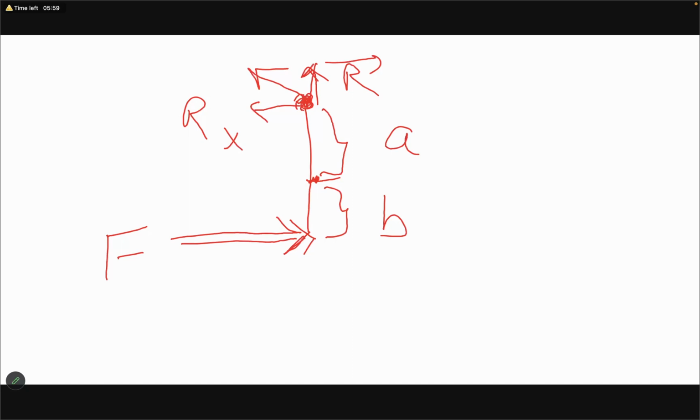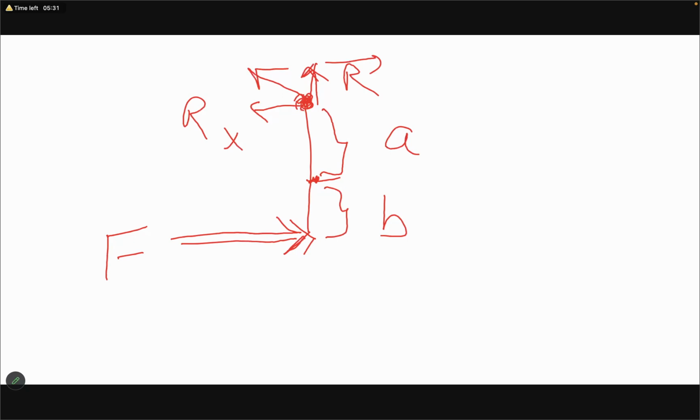Can we relate, Vasudev, K, the radius of gyration, with a and b? And this formula is going to go a long way in serving the case for instantaneous center of rotation. Are you there? Yes, sir. But I lost you for a second. Could you just repeat the question? Yeah, a, b, k, these are the ones.